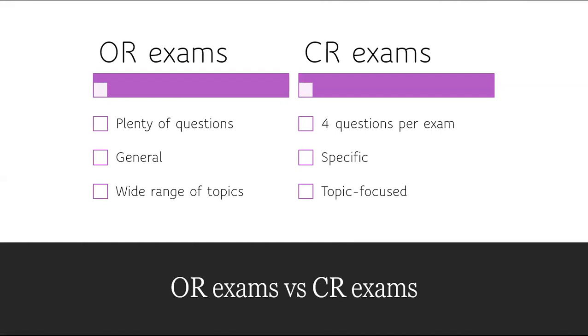In level 4, an exam typically has 60 questions. And because of the number of questions, the range of topics tends to be wide, and they can ask about any corner of the study guide.